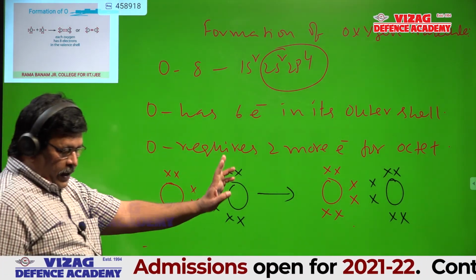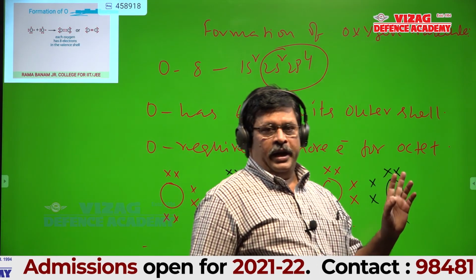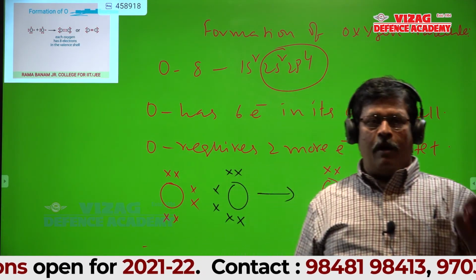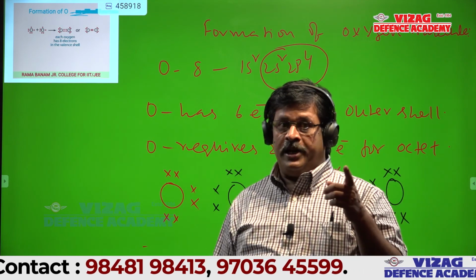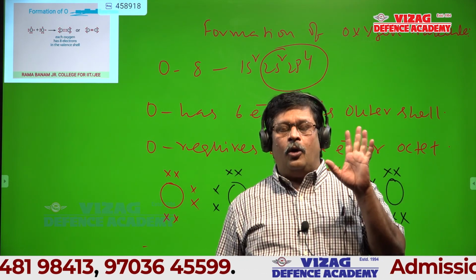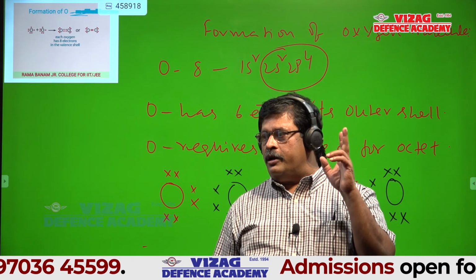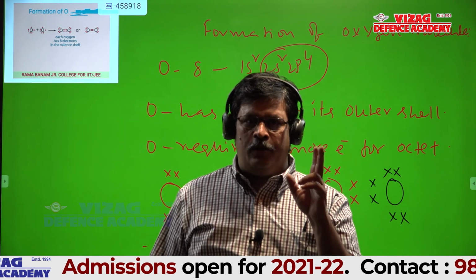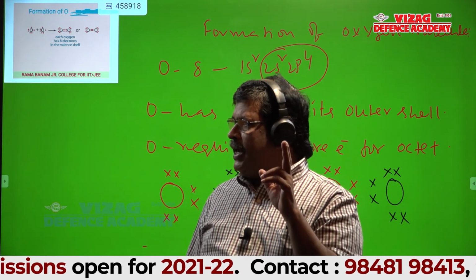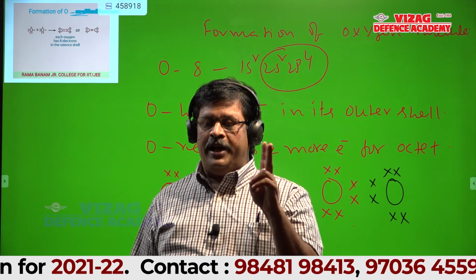Total electron pairs involved in bonding in the formation of O2 molecule is, see students, listen carefully. How many electron pairs? 2. Wait.